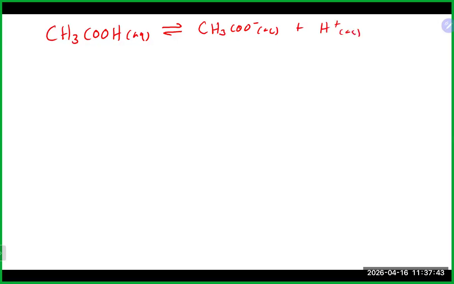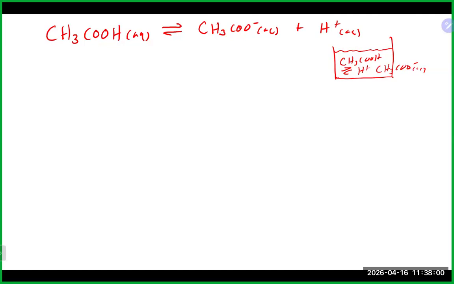So if we had just a beaker of acetic acid sitting there, a little vinegary, we will have basically this equilibrium set up in our solution, arrows and all. You could probably see them floating around in your solution there.